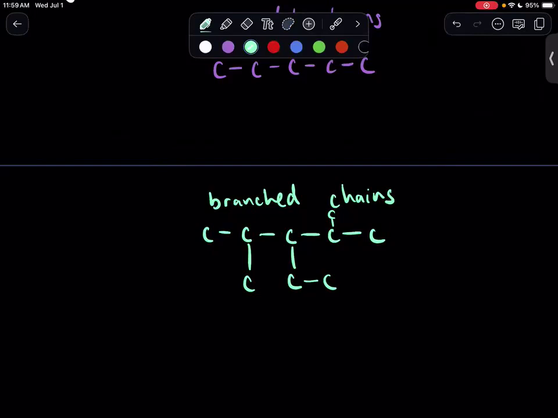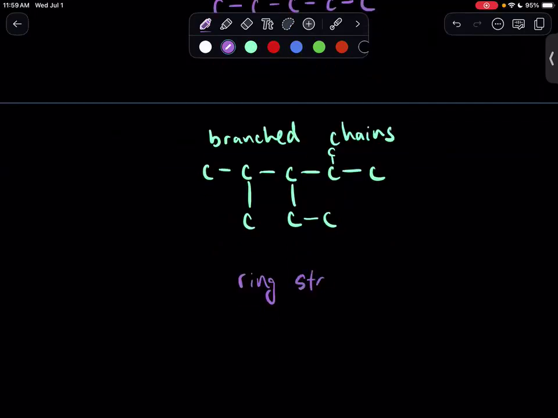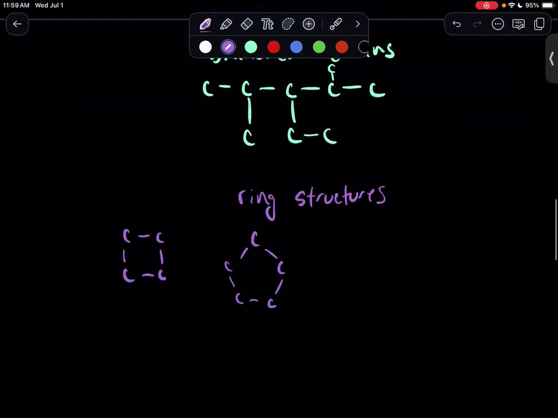Lastly, carbon can even form what we call ring structures. You might have a four carbon ring. This is usually not too stable, but it can be. We have 5 carbon rings. One of the most famous 5 carbon rings, if we throw an oxygen in there, actually shows up in our DNA. That's our pentose sugars and our RNA.